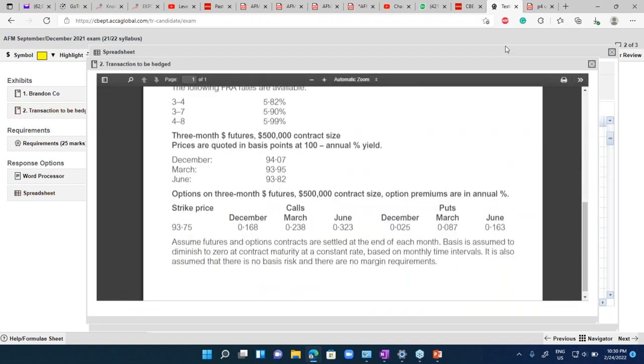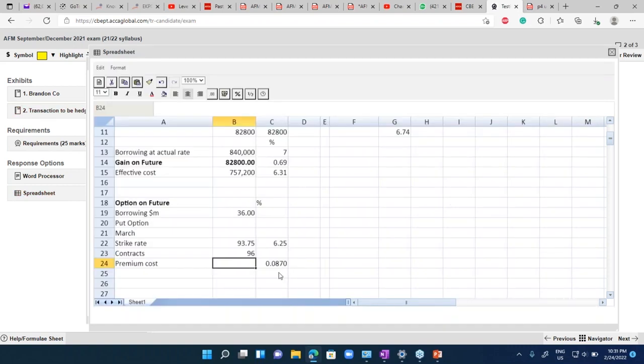0.087, right? $8.7 into 12.5 into number of contracts are 96, 10,440. Or you can also use number of contracts into contract size into 0.087 percentage into 3 by 12.